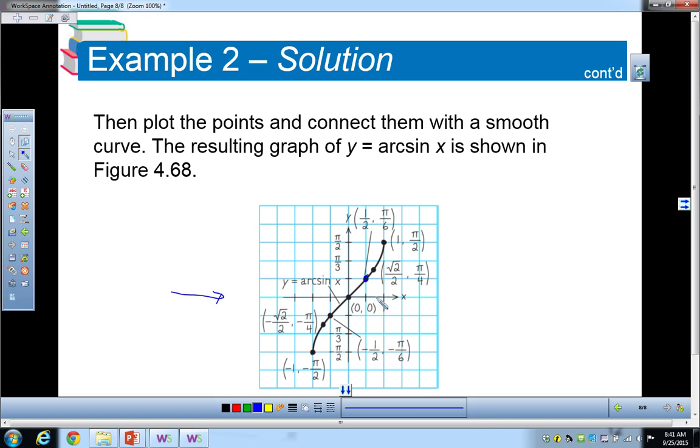Plug in root 2 over 2 for x, get out pi over 4 for y. Plug in negative 1/2, get out negative pi over 6. You guys follow that? Okay, but that's what the sine graph looks like. It starts and stops there. The inverse sine graph.